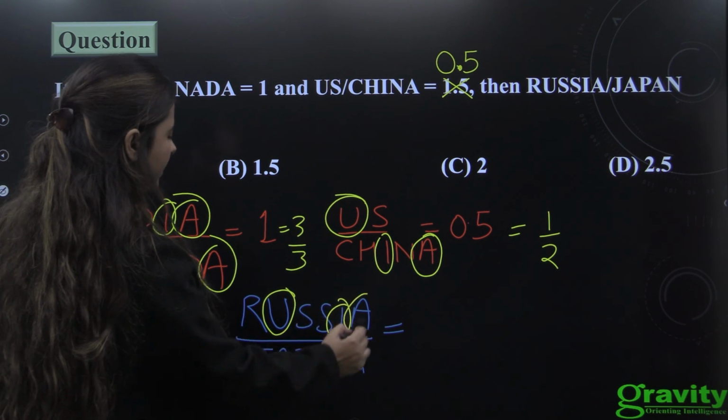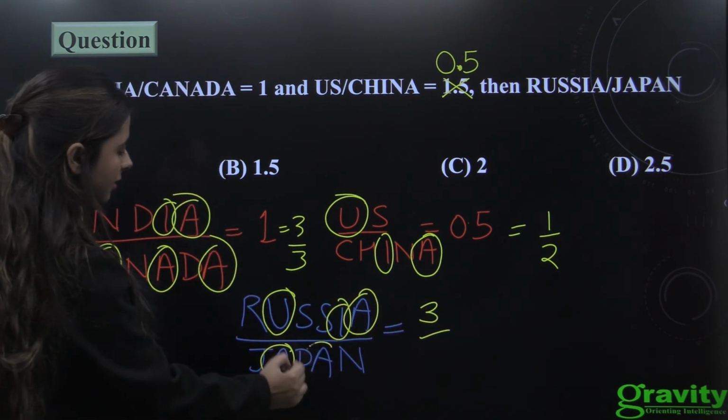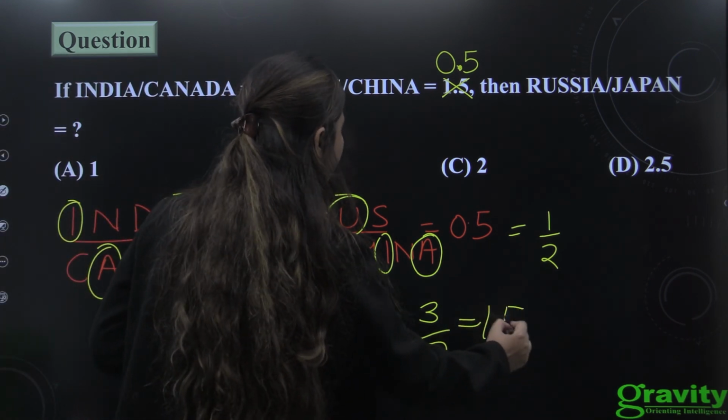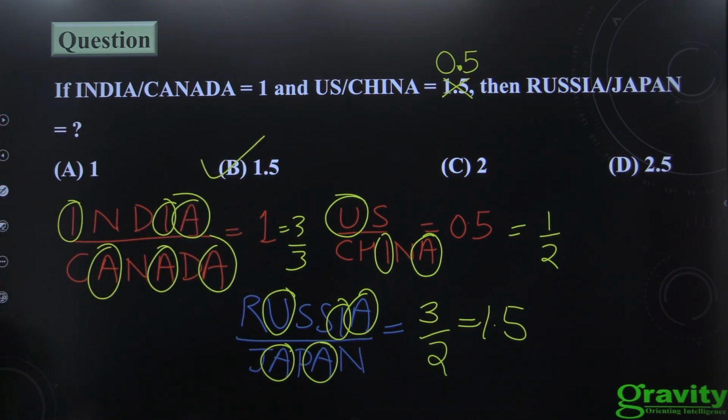U, I, A. 3, A, 2. That's 1.5. Option B. Clear? Yes, ma'am. Okay.